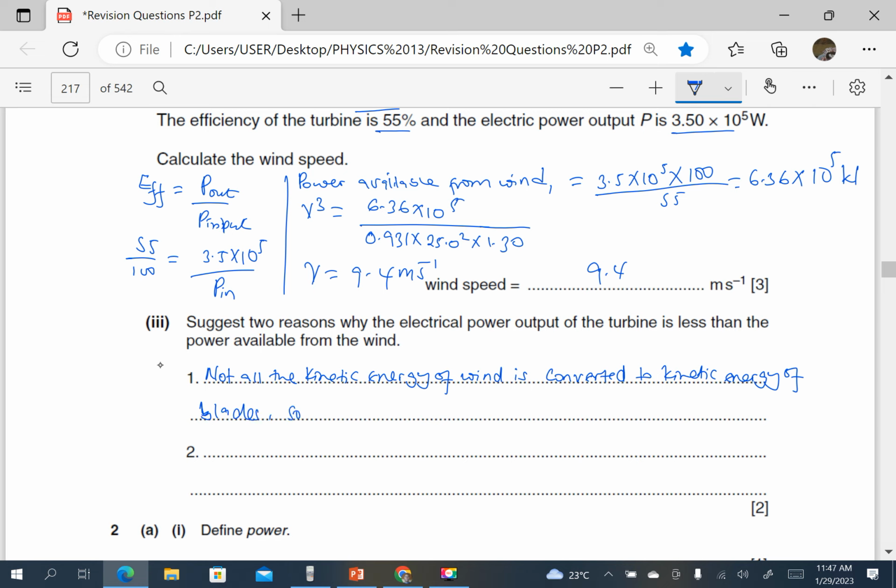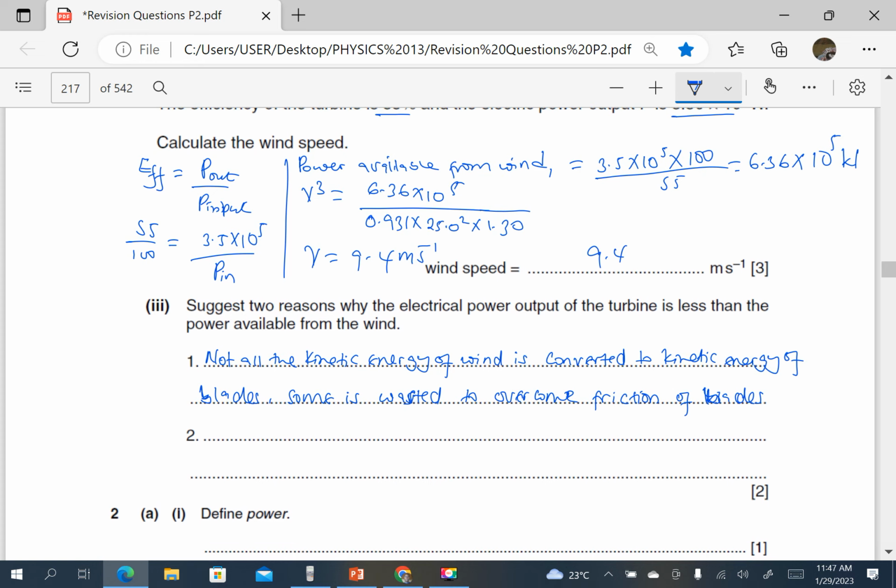Some is wasted to overcome friction of the blades. So some kinetic energy is used to overcome the friction in the blades. So not all of the kinetic energy of the wind becomes kinetic energy of the turbines.